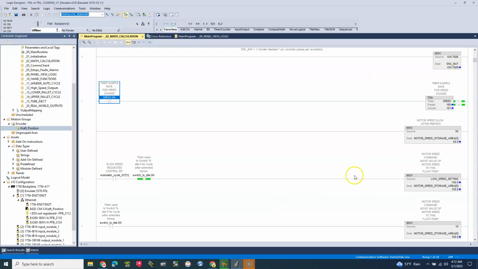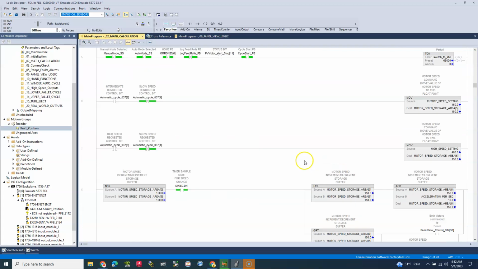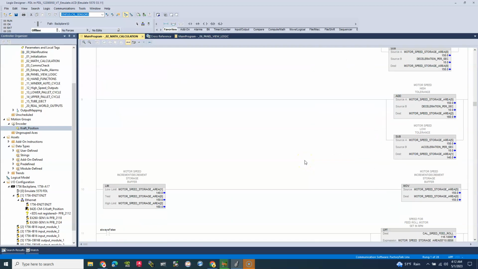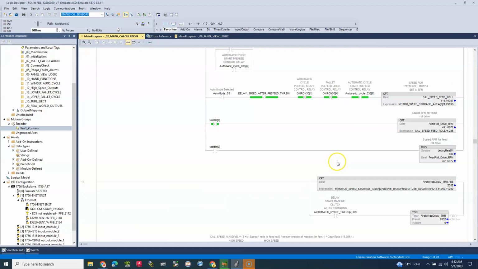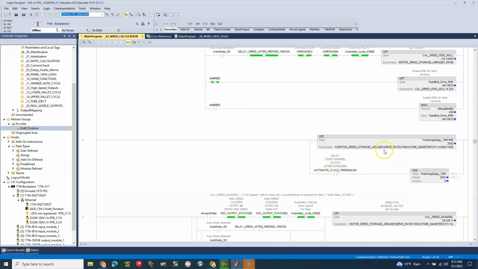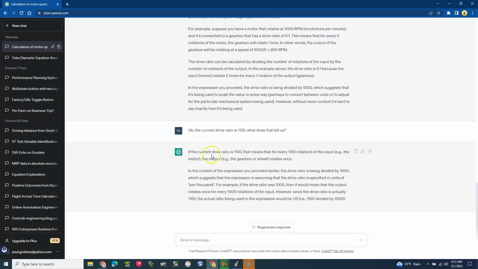So we have our encoder. We know how many turns are in our encoder. Let's go down here and see if we can find our expression. We know what's involved with our drive ratio. So we have pretty much everything we need here, just about. The drive ratio is 1150.